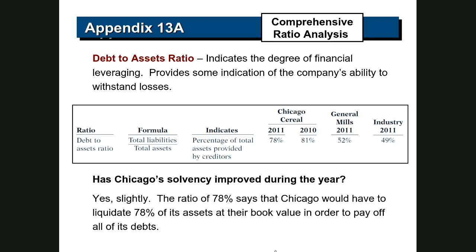Compare that with general means, 52%, which means what? Their liabilities are almost half of their assets, right? Same, the industry average is also the same. Liabilities are half, right, of their assets. Which is better? The less liability is better.